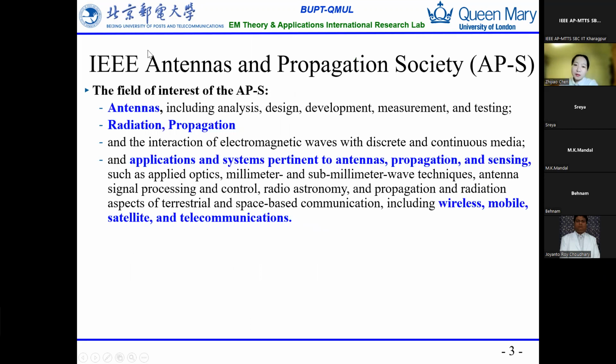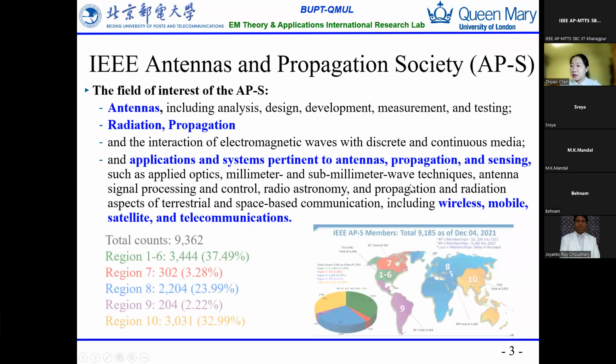Maybe some of you are already familiar with IEEE APS. The fields of interest include antennas, and maybe some of you already study antennas, and also radiation and propagation. Its applications and systems pertinent to antennas, propagation and sensing are also included.